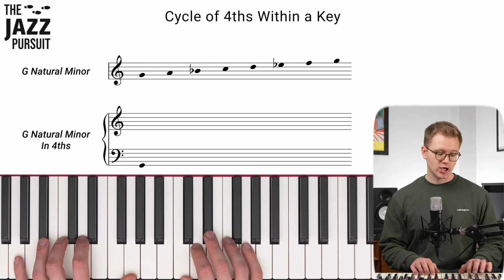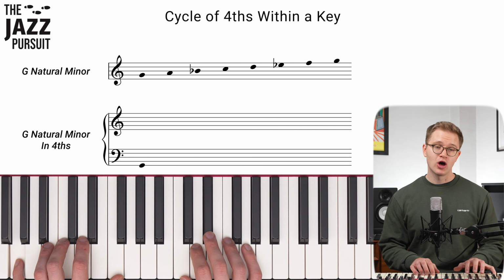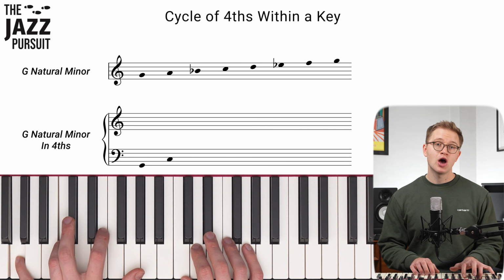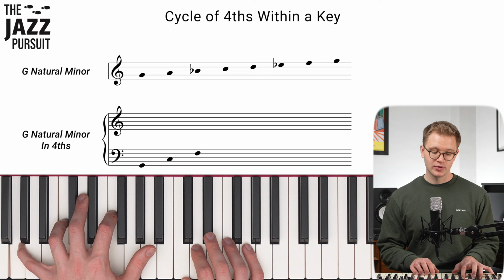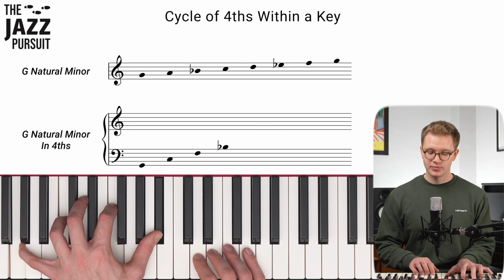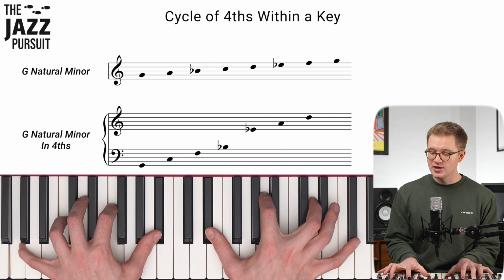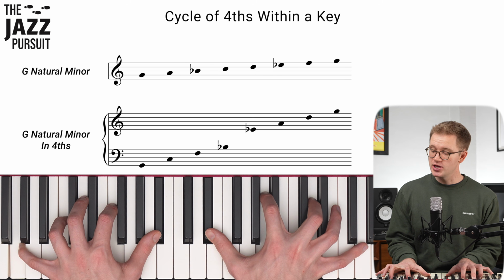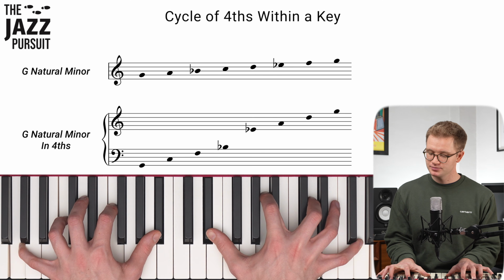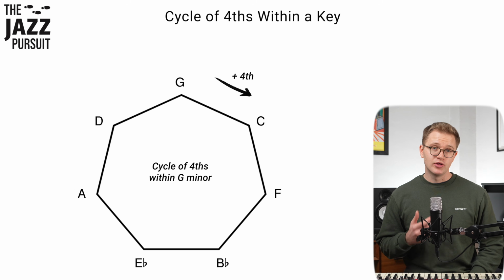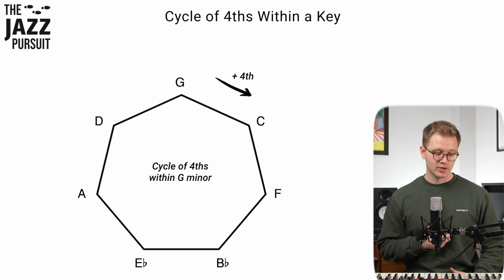So starting on G, a fourth higher is C, and a fourth higher is F, then B flat, E flat, A, D, and then back to G. This is the cycle of fourths within the key of G minor.